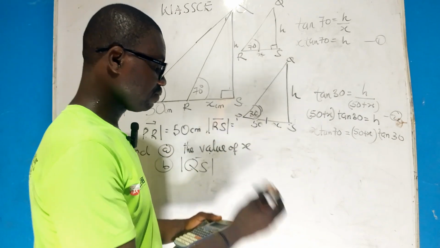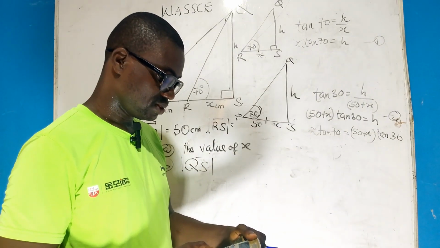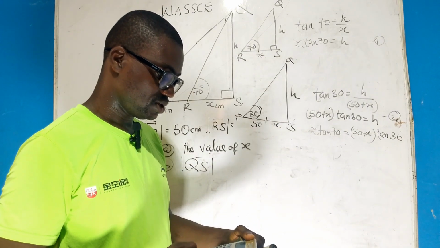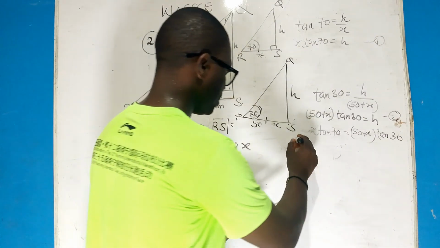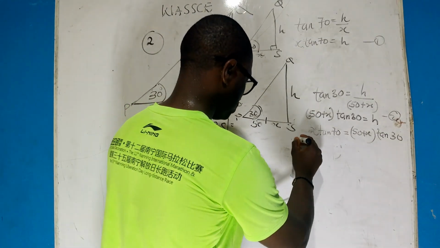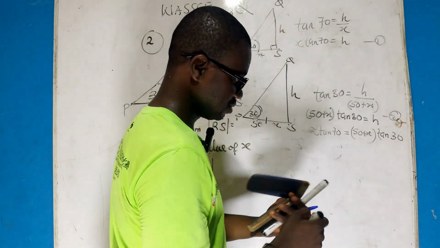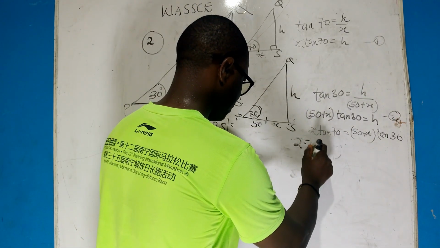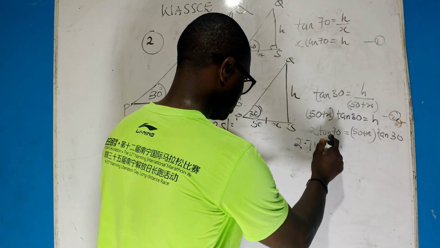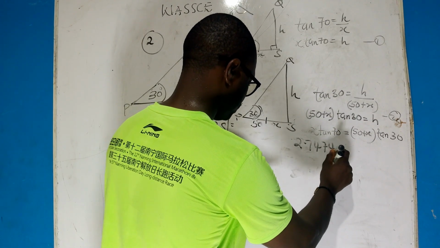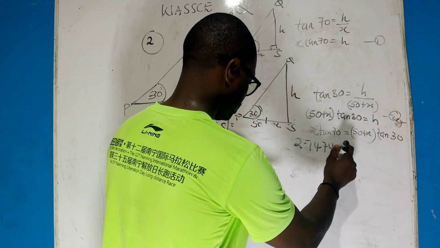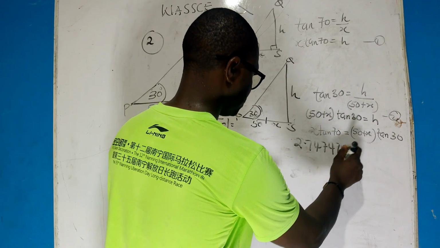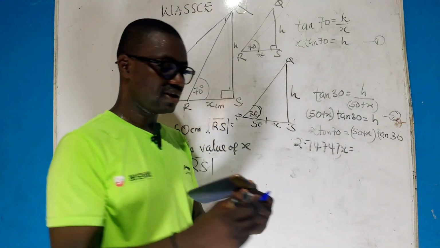Tan 70 will give you 2.7474, so we have 2.7475x is equal to.